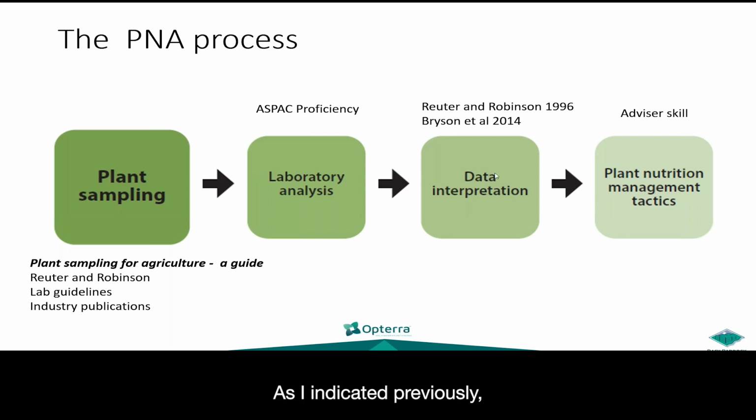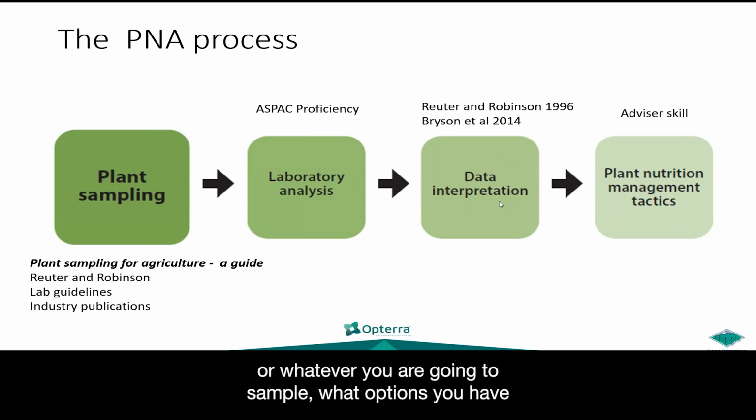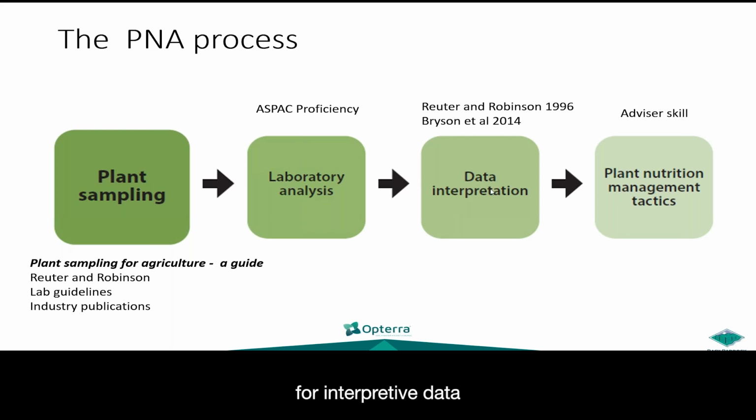As I indicated previously, if you get the wrong plant part at the wrong time, it becomes uninterpretable. So sampling's the first part in the process, but really the first step is to understand, for the crop or the pasture or whatever you're going to sample, what options you have for interpretive data before you go out and sample.